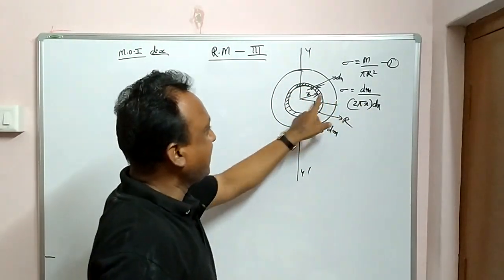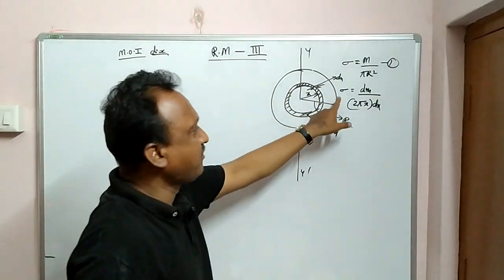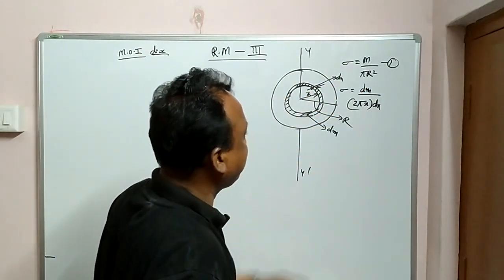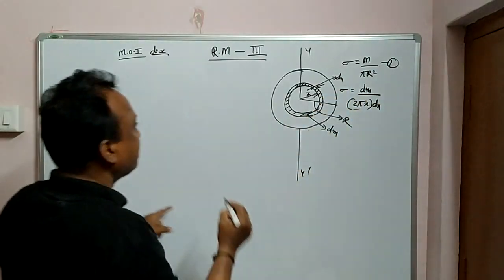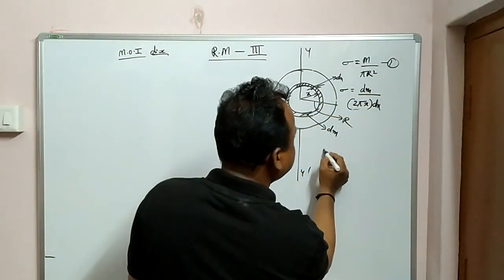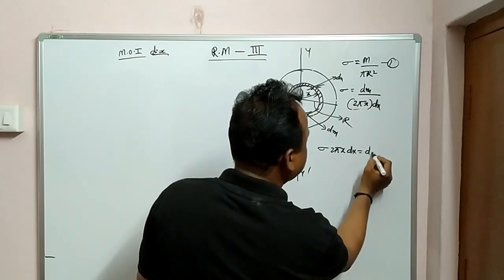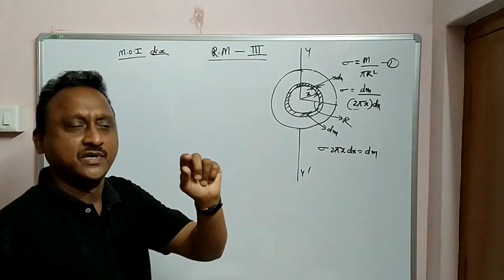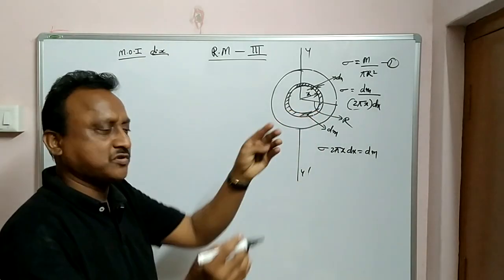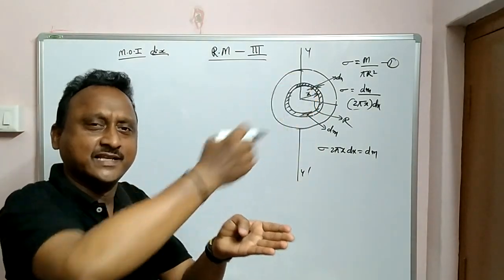So the areal density of the small strip is mass per unit area. Therefore sigma into 2 pi x dx is nothing but dm, the mass of the small strip. Such strips are many inside a disc.